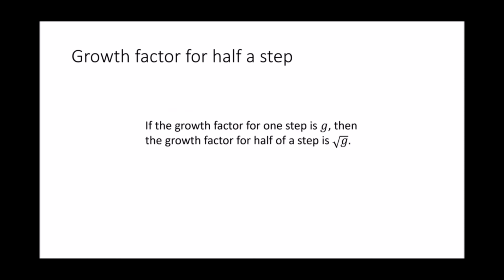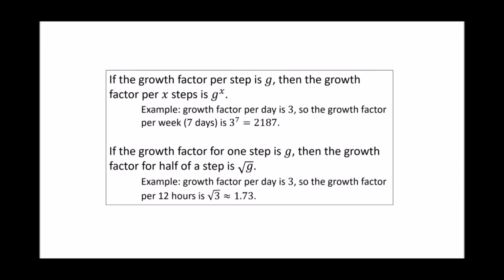Again, let's summarize this. We can generalize that if the growth factor for one step is a certain growth factor g, then the growth factor for half a step is square root g. So to summarize the whole thing, if you have a certain growth factor for a certain step, and that growth factor is g, then the growth factor for x of those steps is going to be g to the power of x.